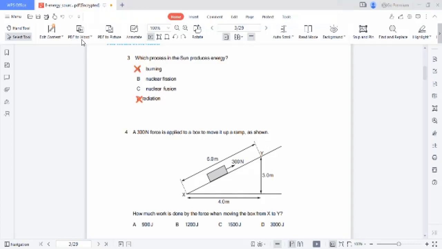Now, nuclear fission and nuclear fusion: in the sun, we know that it's a nuclear fusion process, where two small elements merge together to give energy. That is, to make a heavier element, and the energy is released. That is the nuclear fusion process.